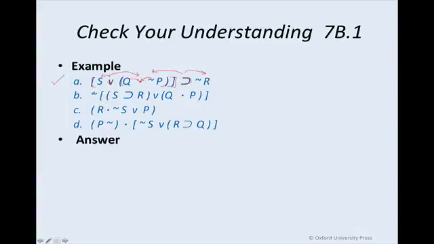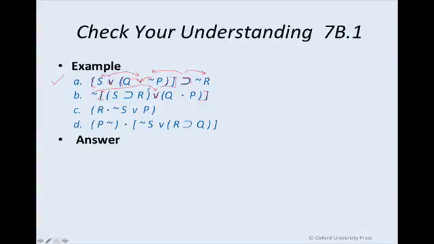Second one, we have a negation in front of a compound sentence that is bracketed, so it's not this entire sentence. Now let's look within the brackets. We have a disjunction, so we're saying it's not either of these two sentences.